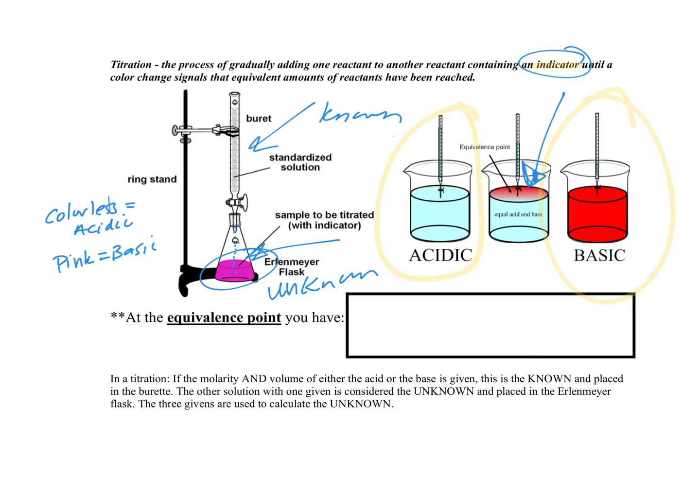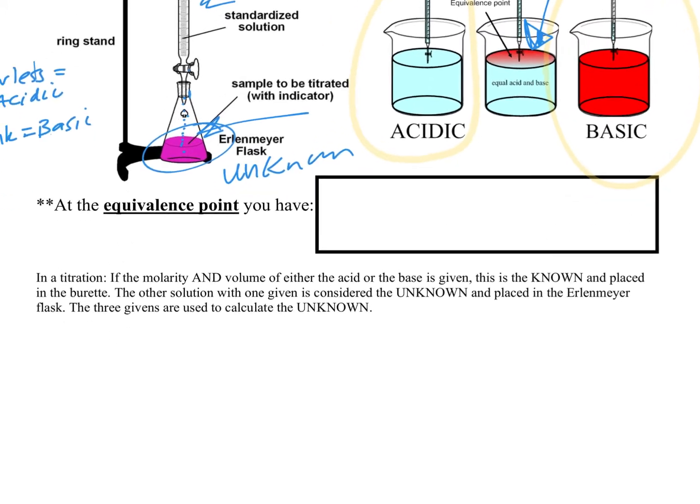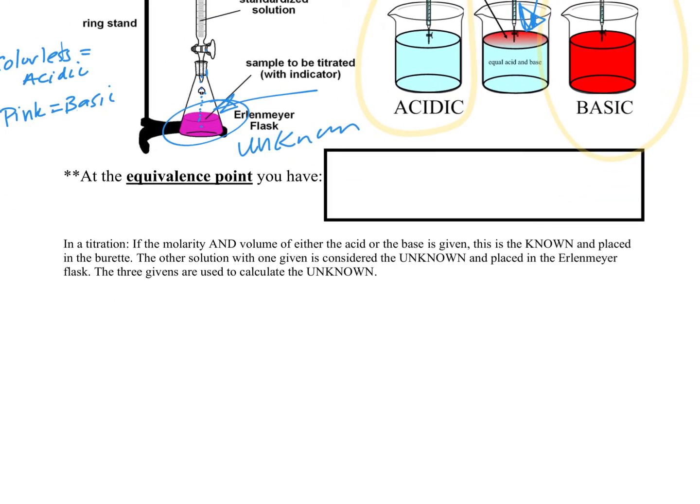And the reason titration is a helpful technique is because when we've reached the equivalence point, or that neutral point, we now know some information. We know that there are equal amounts of hydrogen ions and hydroxide because we've gotten to neutral where there's an equal amount of hydrogens and hydroxides.